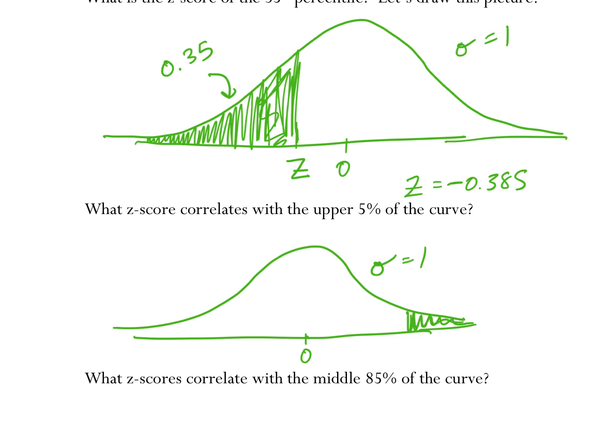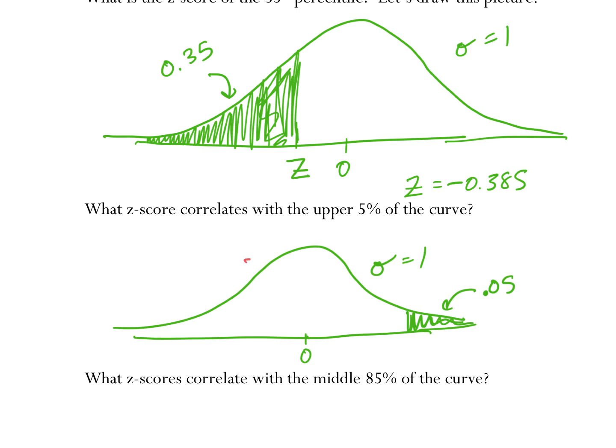Hey guys, upper 5%. You three, your calculators are slightly different than the others. Did your calculator see whether you shaded left or right? Like on this first question, you put in the 0.35, yes? It asks for left, right, or center. You guys have the option for left, right, and center. These guys don't. So your calculator only thinks in left-hand areas. So if it's 5% to the right, what percent's to the left? 0.95.